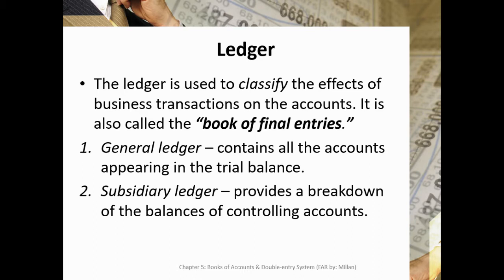Pero sa subsidiary ledger, makikita mo kung sino-sino yung mga customer na may utang sa'yo kaya nakabuo ng 100,000. Makikita mo yung breakdown niya na si customer A, 20,000 doon, si customer B, 30,000, at si customer C ay 50,000. So, yun yung difference ng dalawang ledgers.